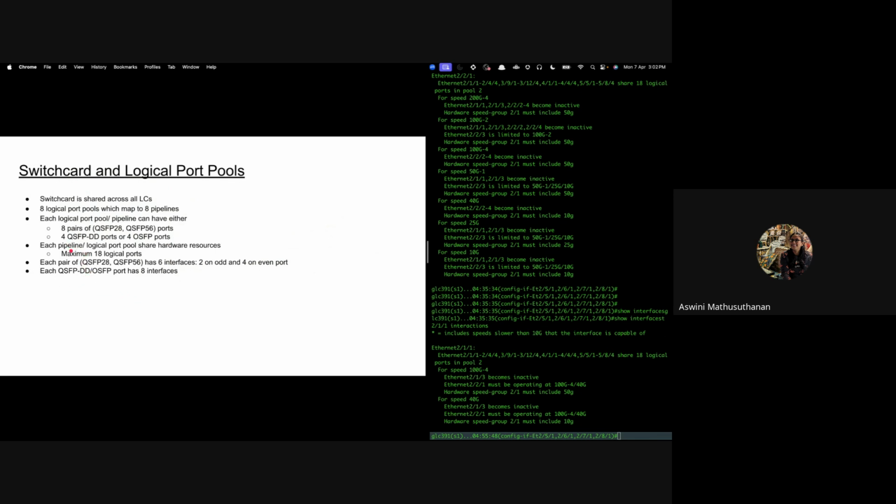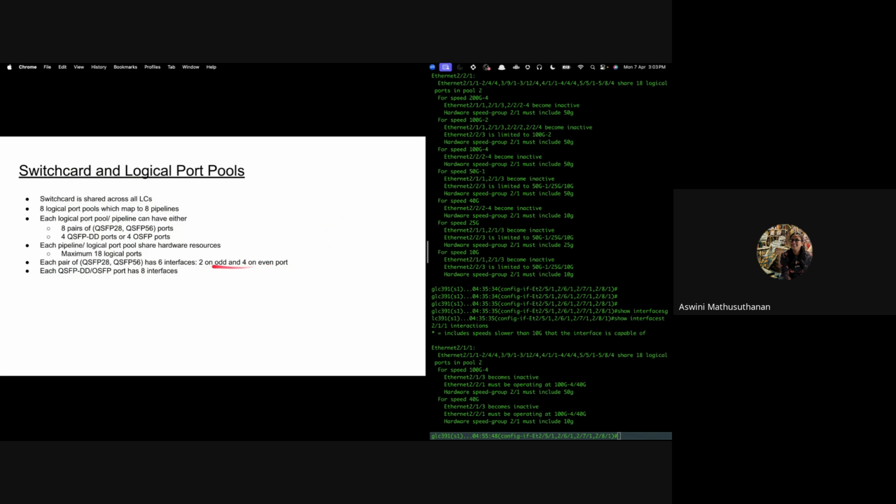So that's one thing. And after all this port interface contention is over, we have the logical ports per pool, so that needs to be taken care of. At the maximum, 18 logical ports can be configured per pool, and like I said, for the 16C, there are going to be two on the odd side and four on the even side.